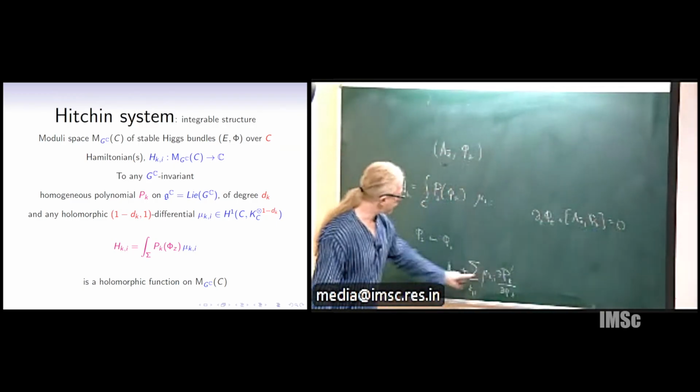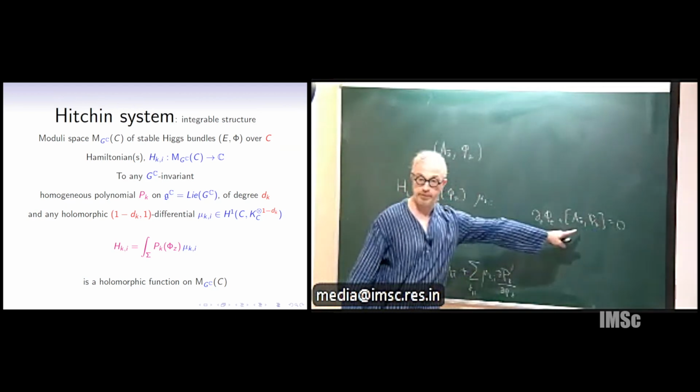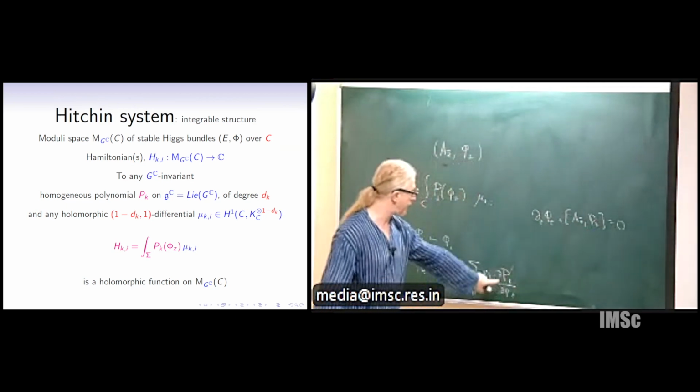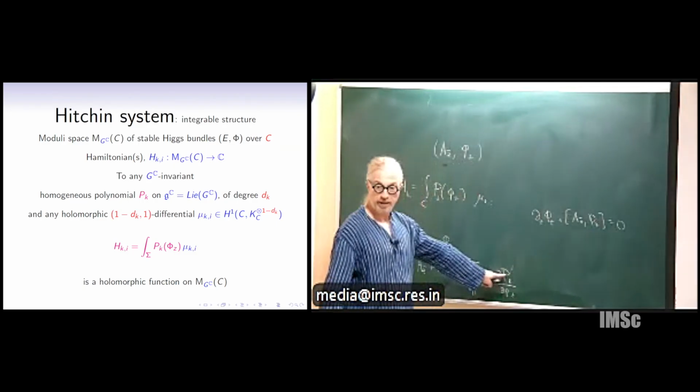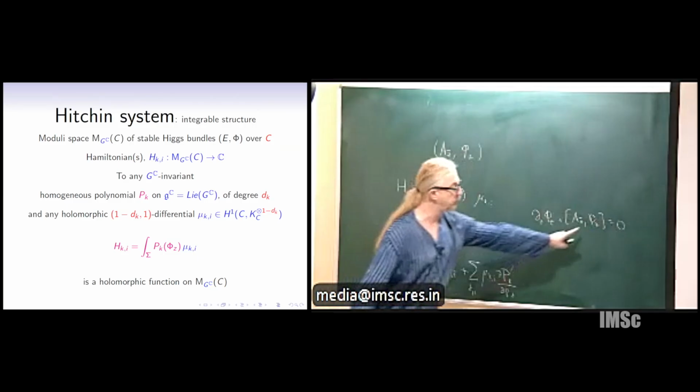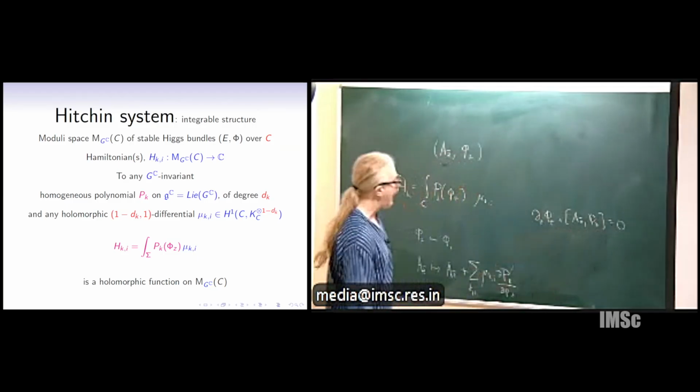Obviously, these transformations preserve this relation because A_z bar is shifted by something which is a function of phi, and the invariance of p, the Casimir nature of p, means precisely that this derivative commutes with phi. So that's it.